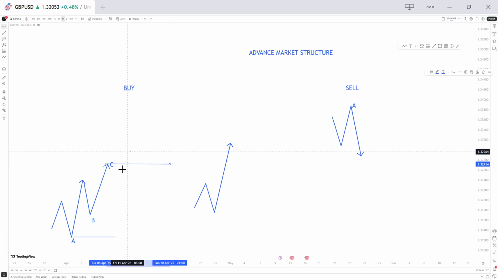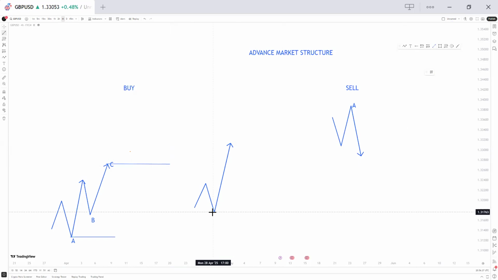This is your swing. But in the basic market structure, your swing is from here to here. So that's the difference. Understand?